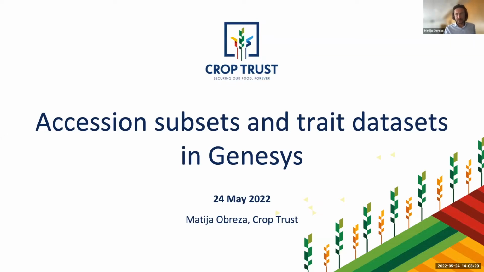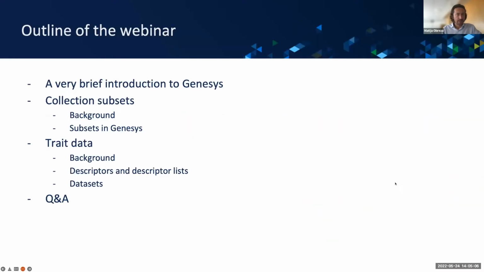So thanks again for joining us for the webinar on accession subsets and trait datasets in Genesys. Quick outline: a very brief introduction to Genesys for those who may not be familiar with it. We'll look at collection subsets, including some background information, and then the practical things in Genesys directly. We'll do a Q&A.